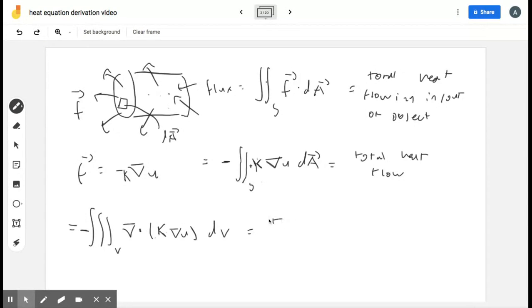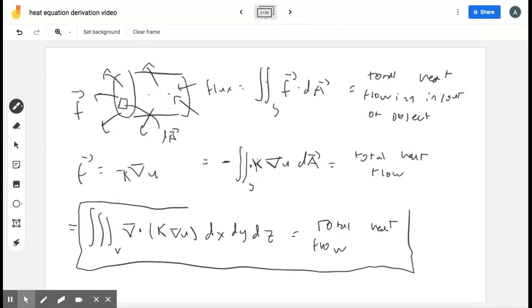And actually what we'll do is rewrite dV as dx dy dz, which equals the total heat flow. Okay, so this is our first equation, our first part of the equation, right here.